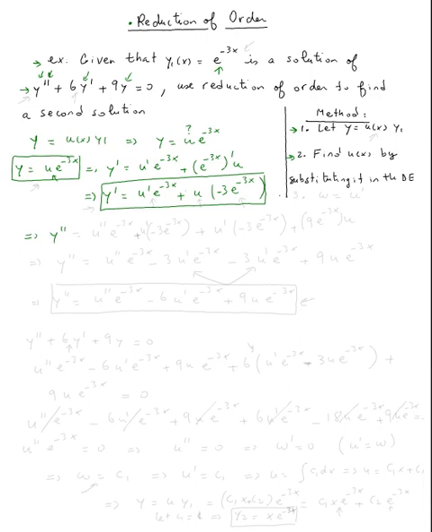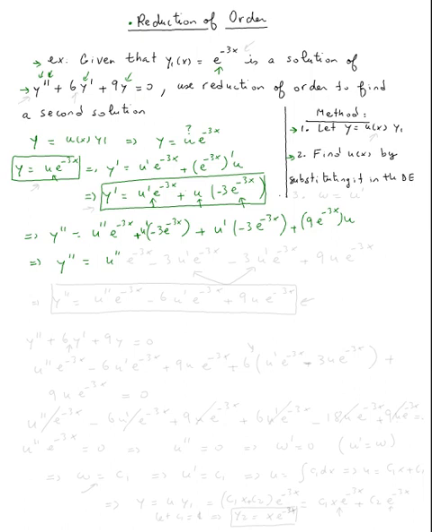Now this means that the second derivative of y will be equal, again product rule here, u double prime times e to the negative 3x, plus the derivative of e to the negative 3x, which is negative 3e to the negative 3x, times u prime, plus, again, the derivative of u is u prime times negative 3e to the negative 3x, plus the derivative of that, negative 3 times negative 3 will be 9e to the negative 3x, times u. Let me just write it here. It's okay.